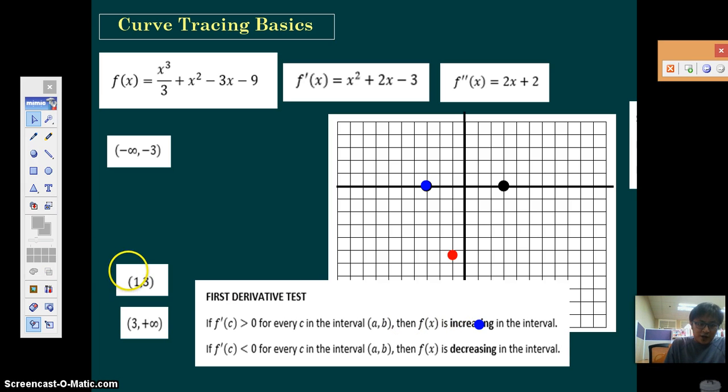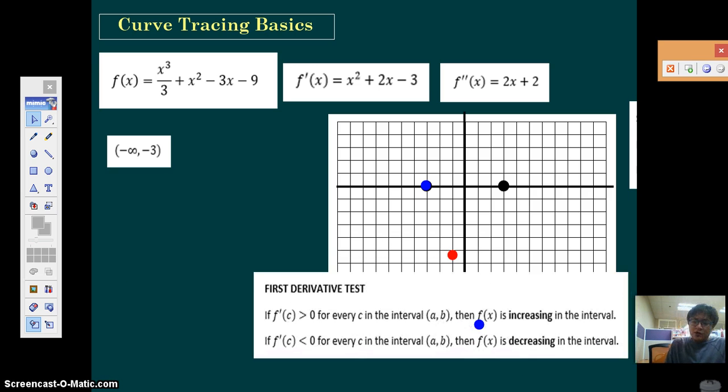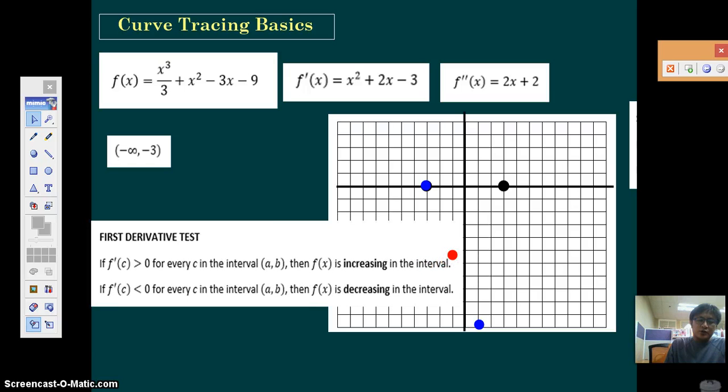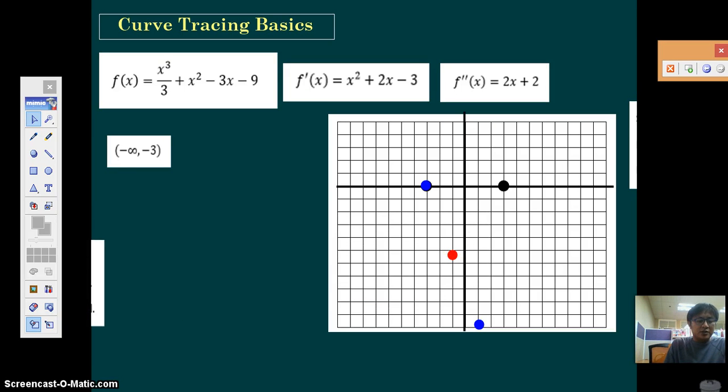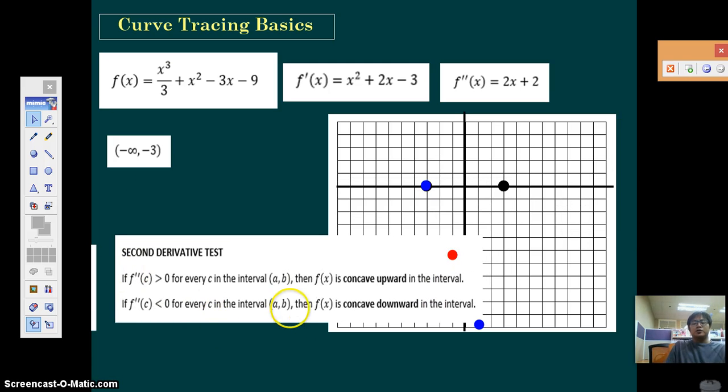Once we have the behavior of the function in the first interval, we can simply follow the points as we go along and then graph it. So the first derivative test will tell whether the function increases or decreases in a given interval. And then the second derivative test determines whether the function is concave upward or downward in an interval. If the second derivative is positive, the function is concave upward in that interval. And if it's negative, the function is concave downward in the interval.